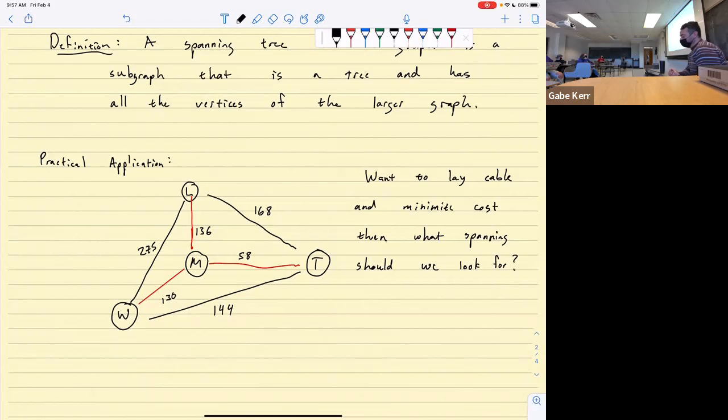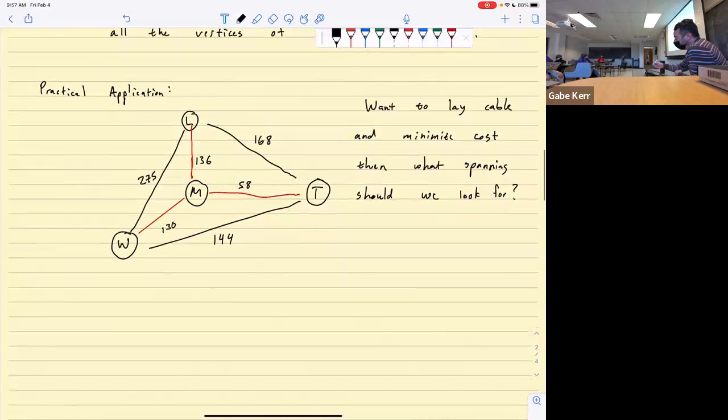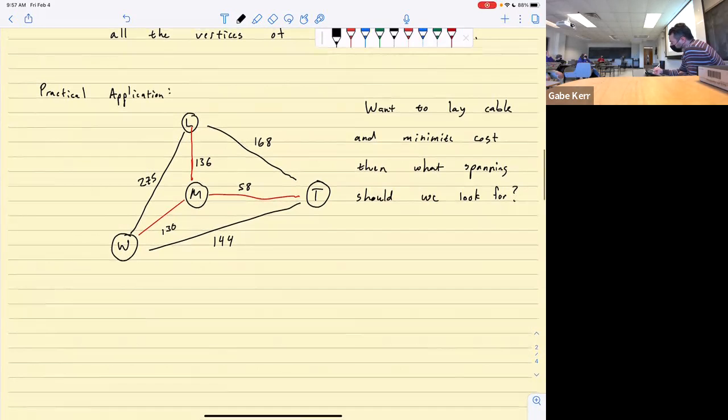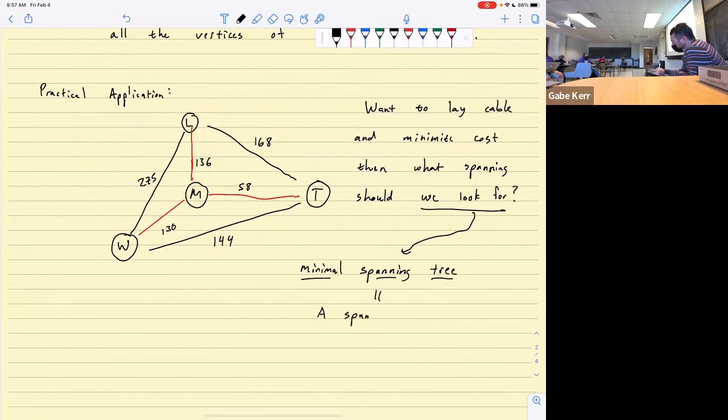So this is one of those cases where it should be pretty easy. And what we found here, what we're looking for, is what's called a minimal spanning tree. That's equal to a spanning tree with the smallest total weight.